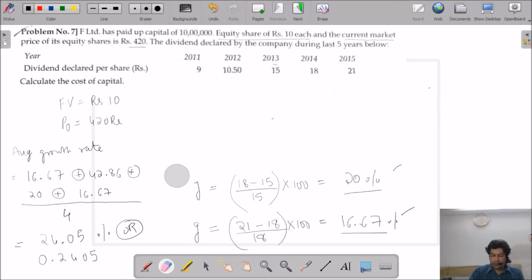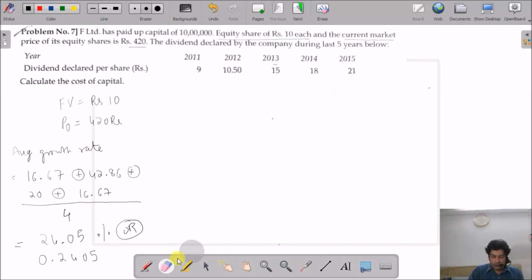So right now what we have done is that we have found the growth rate. So here I will be putting the growth rate as 24.05 percentage, or 0.2405. Okay. So now you have understood that whenever the growth rate is given, you have to find the cost of equity by the dividend growth model.